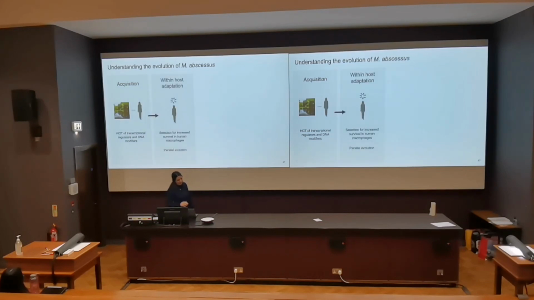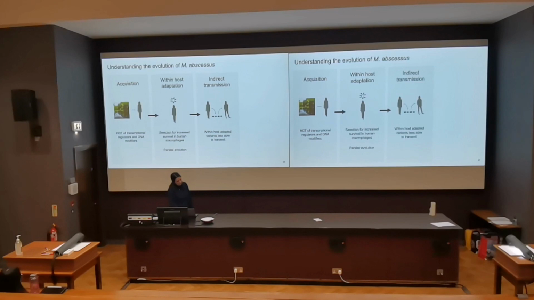And then once they get into people, they are then able to undergo rounds of more adaptation, and there's a selection for increased survival in human macrophages. And we think that this process is accelerated by parallel evolution, which allows more different types of mutations to occur in different parts of the lung.